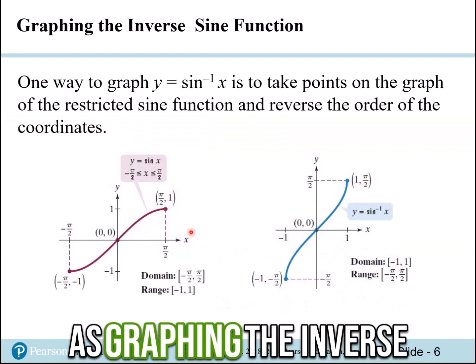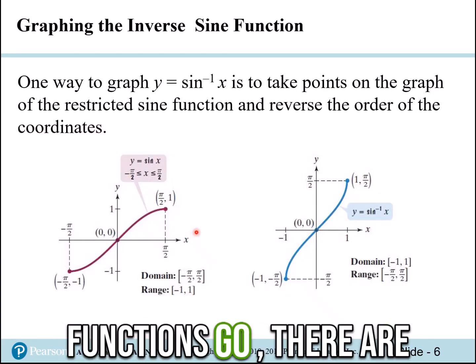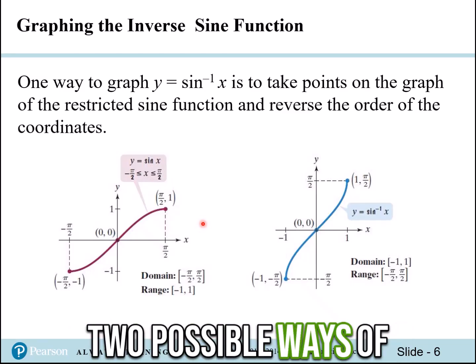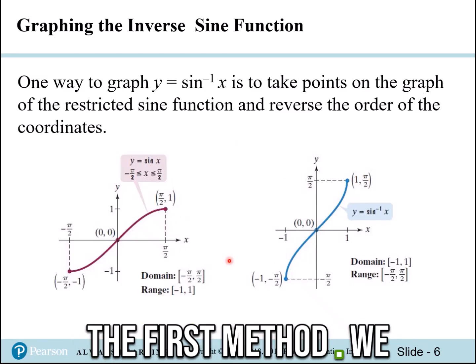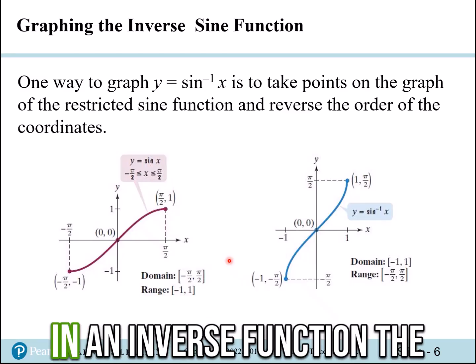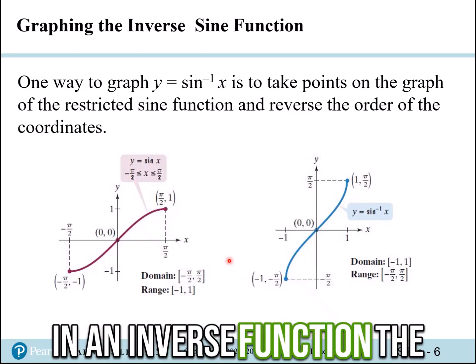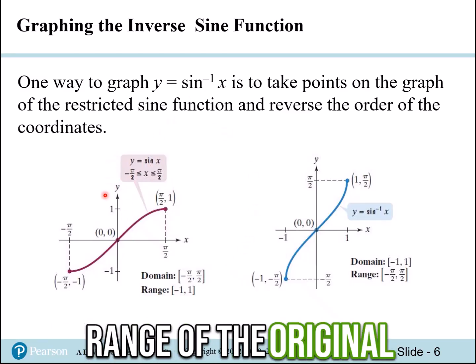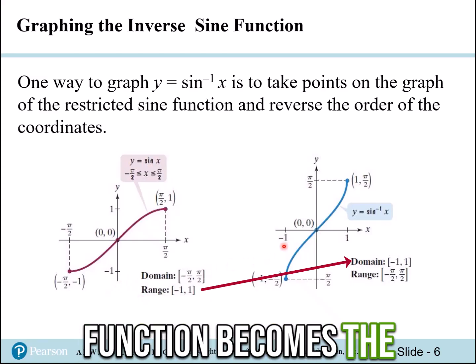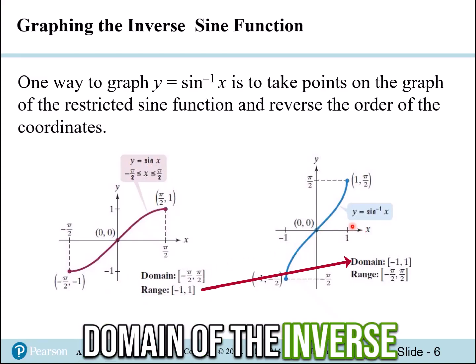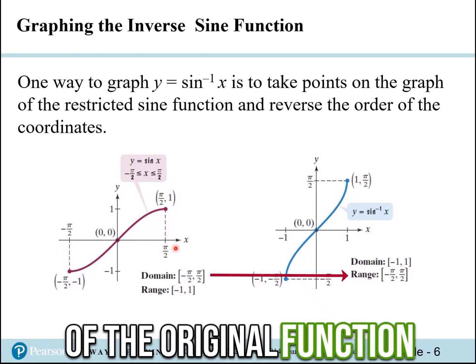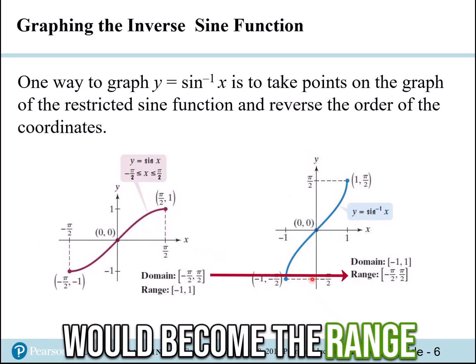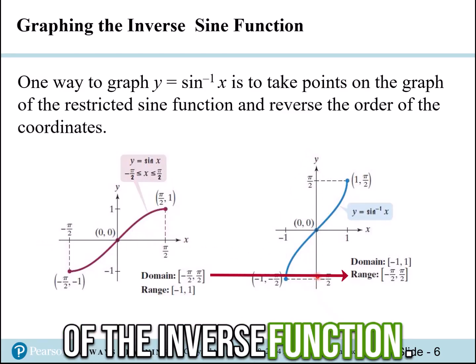As far as graphing the inverse functions go, there are two possible ways of doing that. Let's study the first method. We already know that in an inverse function, the range of the original function becomes the domain of the inverse function, and the domain of the original function would become the range of the inverse function.